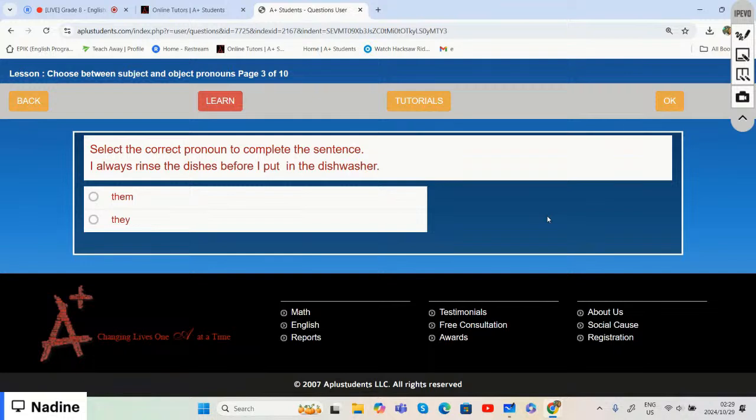The next one says, I always rinse the dishes before I put, do we say option one, them in the dishwasher, or option two, they in the dishwasher?